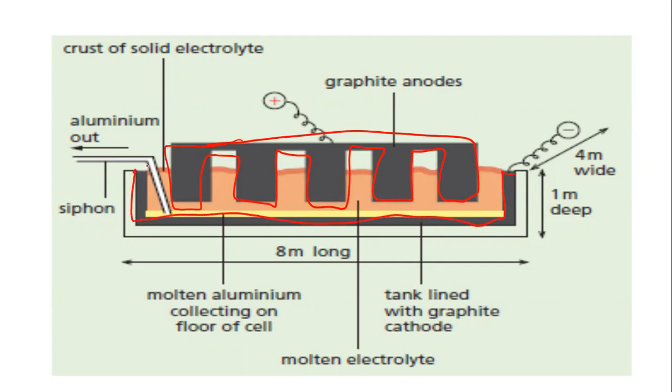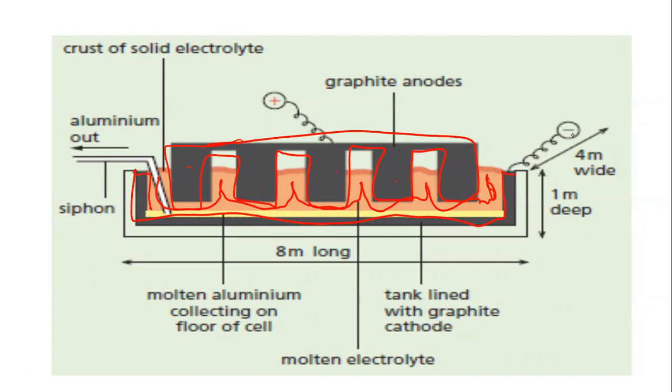This is your cathode, and your anodes are over here in the middle. So what happens is that you have your solution of aluminium oxide and cryolite all around it. This is what the cell actually looks like. So it's the same concept. We're not doing anything different. It just looks different. That's it.